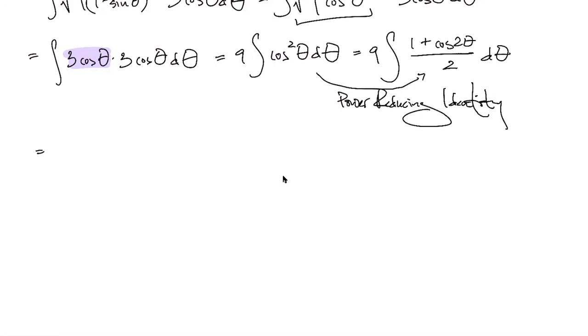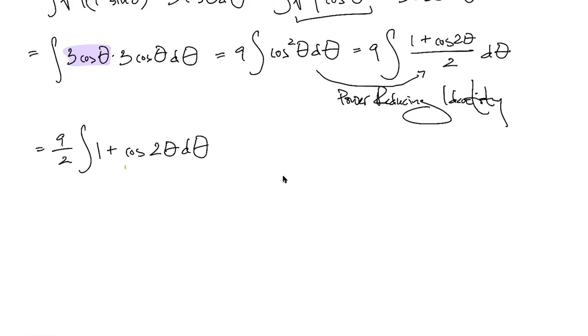All right, so I'm going to factor out that 1/2. I'm going to have a coefficient of 9/2. The integral of 1 plus cosine 2 theta d theta. When I integrate this part, I'm going to need to do that U sub.